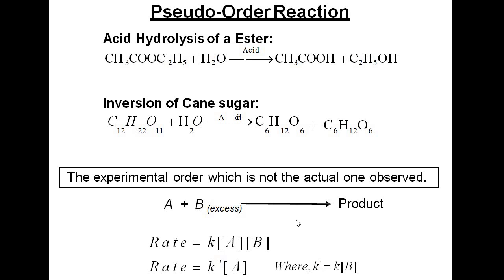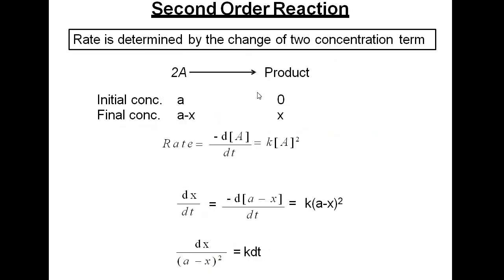So that's why order will be equal to 1. But on the basis of the reaction, it seems it will be 2. This is an example of second order reaction, but it's not in our syllabus. It is just for your reference, and the rate will be proportional to two concentration terms.